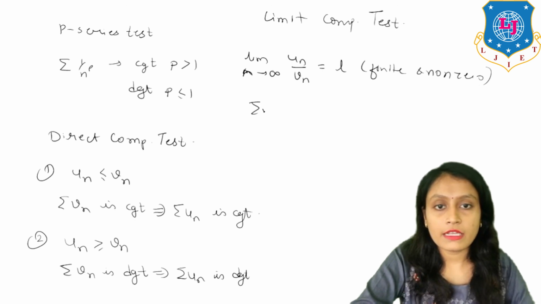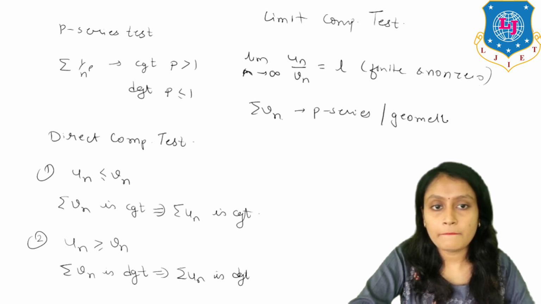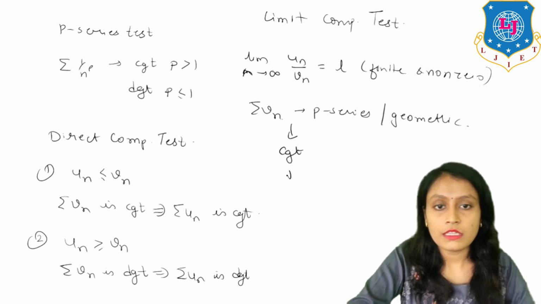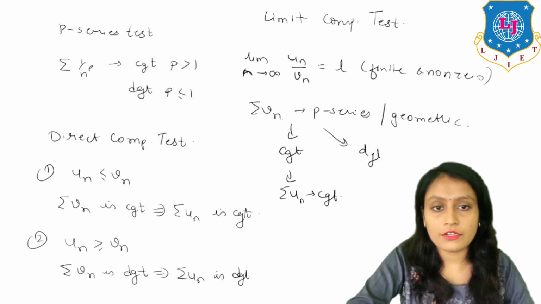Then we will check the series vn by either P series test or geometric test. So if this vn is convergent, then series un is convergent, and if this vn is divergent, then series un will also diverge.